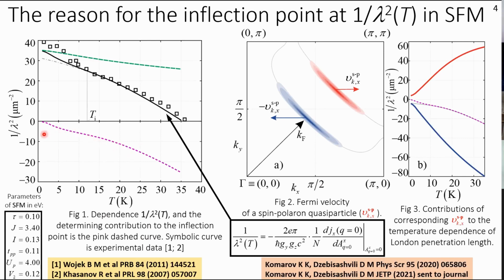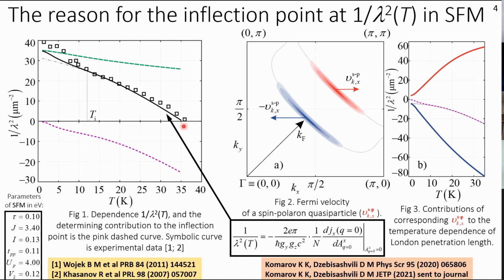This can be seen on this figure 1. The pink dashed curve is the term in question. The green dashed curve shows all other contributions, and the black solid curve shows the sum of the green and pink curves.